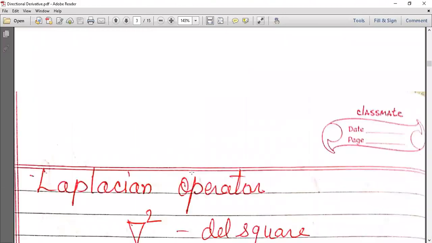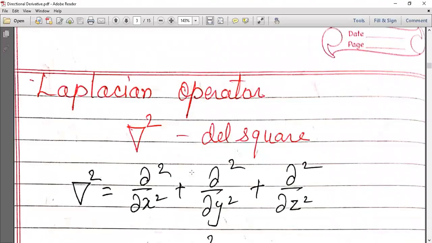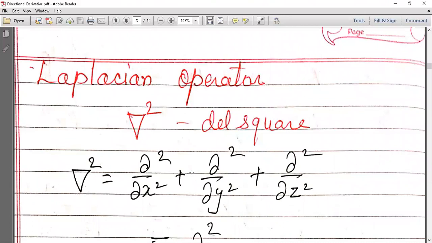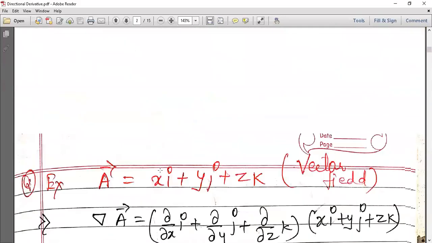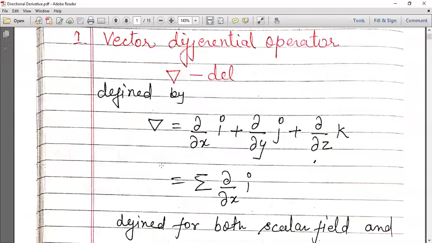Next, among these operators we have the Laplacian operator. The Laplacian operator is del square, the second order derivative, where we multiply the del operator with del again.